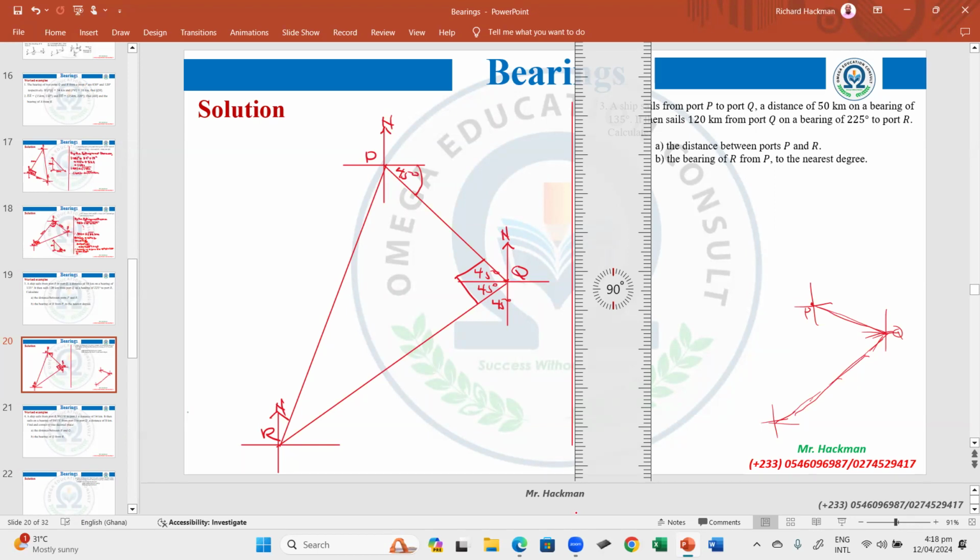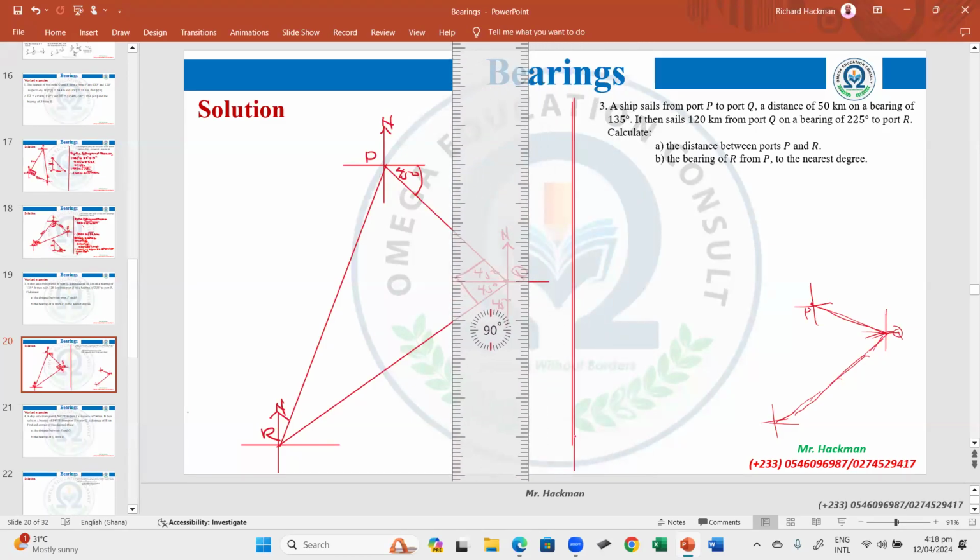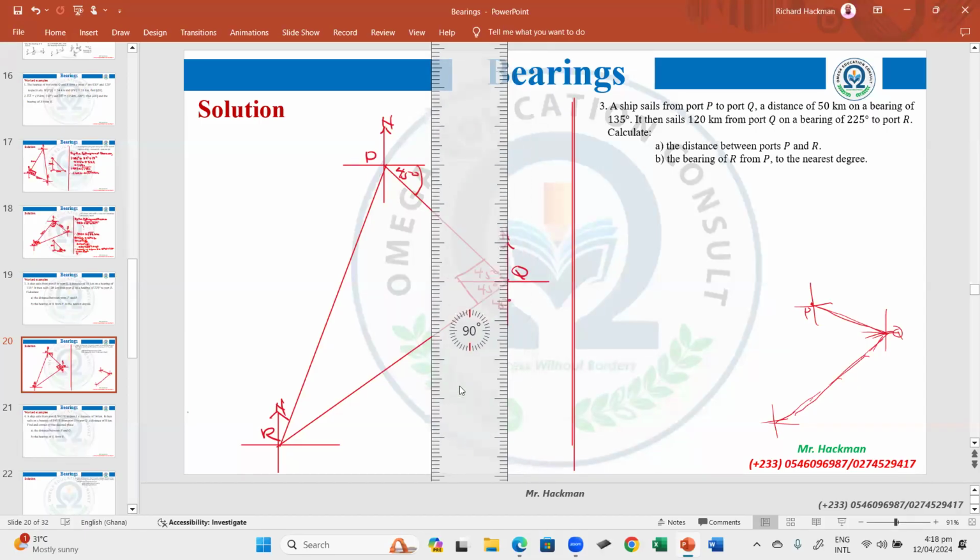Unfortunately, my line is double, but no issues. I'm using that one to divide my page. So I come and draw my right angle triangle just here, because the diagram that I have there somehow is busy. So let me move it here a little.